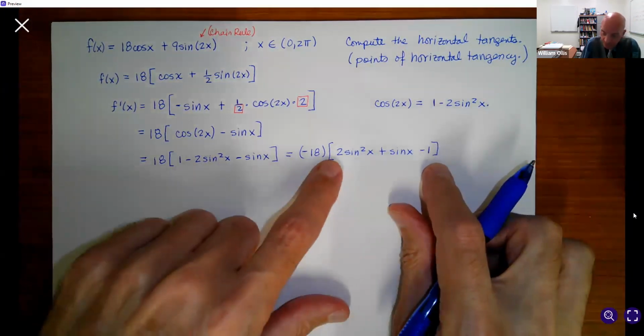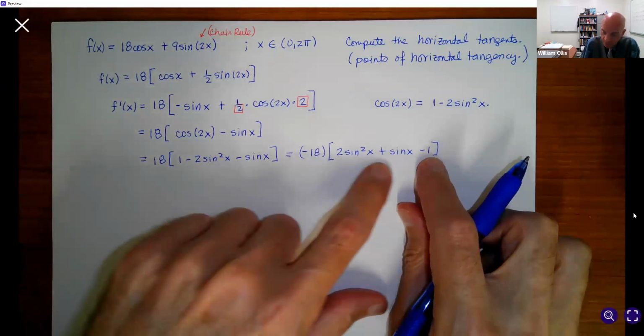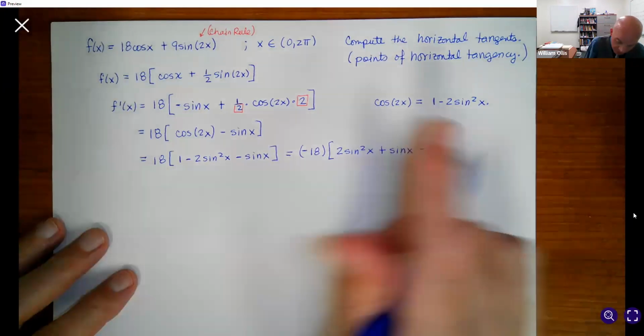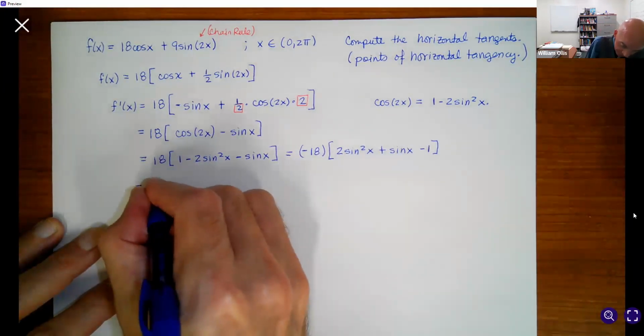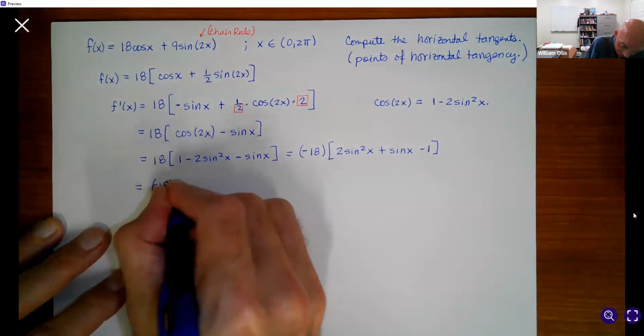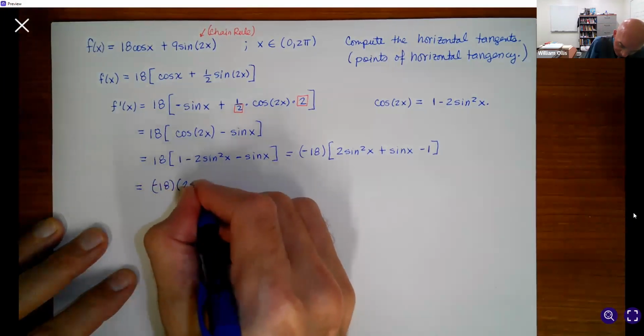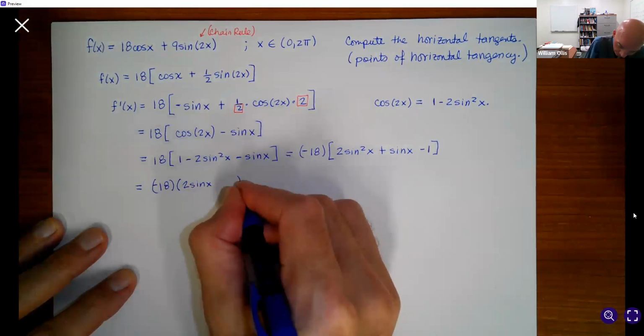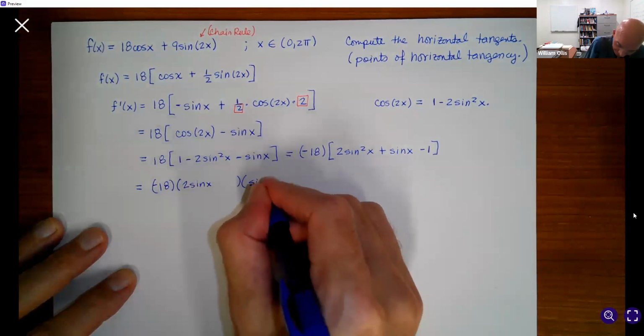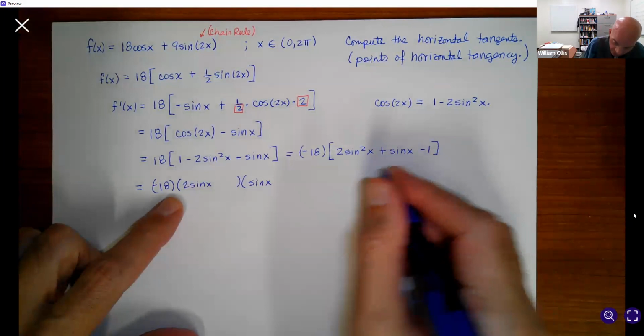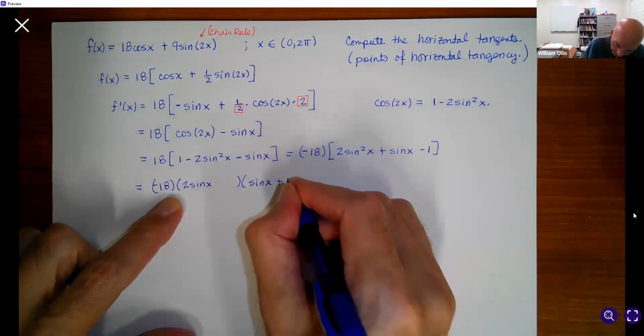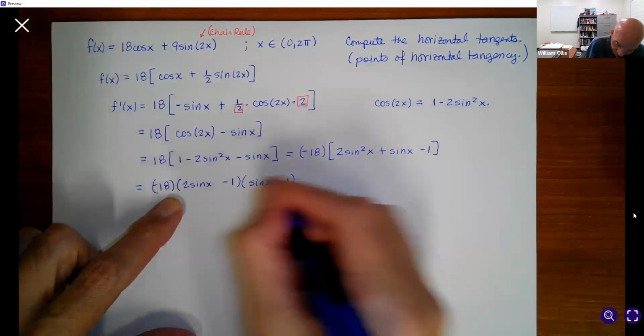But by AC, we see that the 2 times the negative 1, those 2 factors add to 1. So this does factor very cleanly. So negative 18, 2 sine x, and then of course a sine x. And we need the 1, so we're going to have plus 1, and then a minus 1.